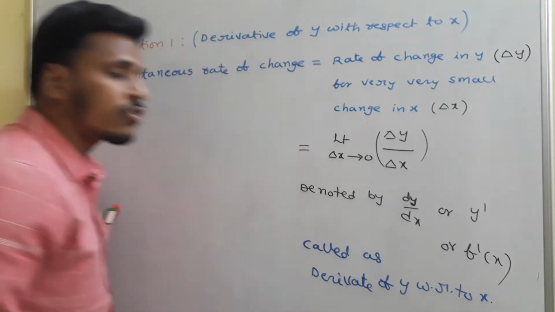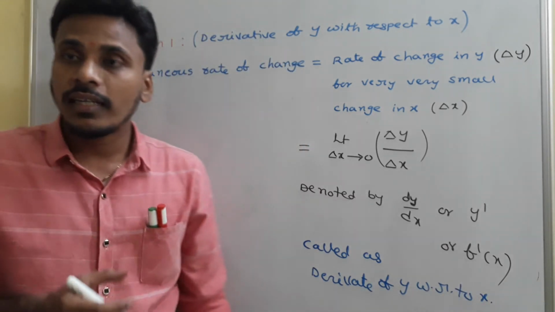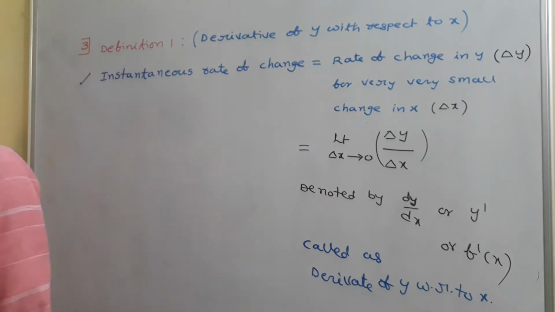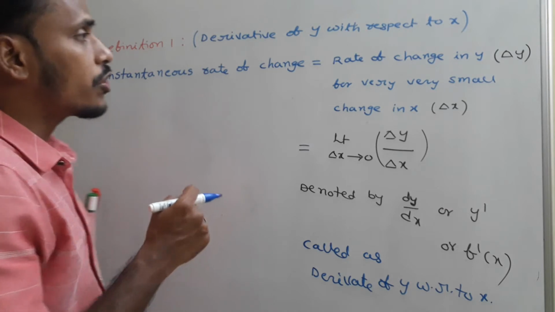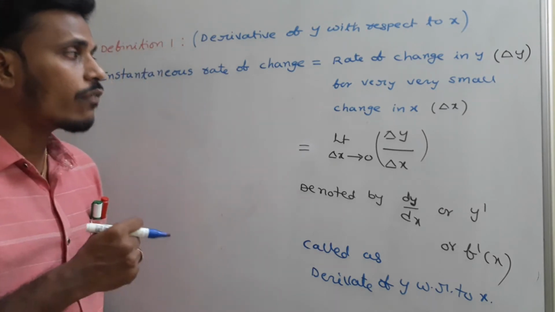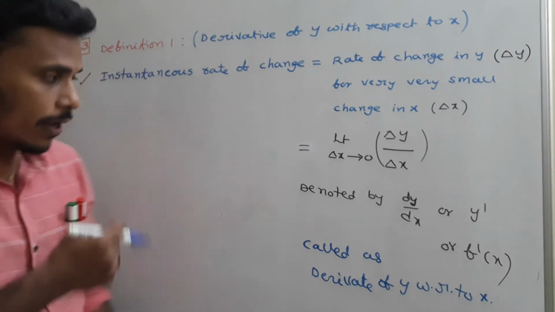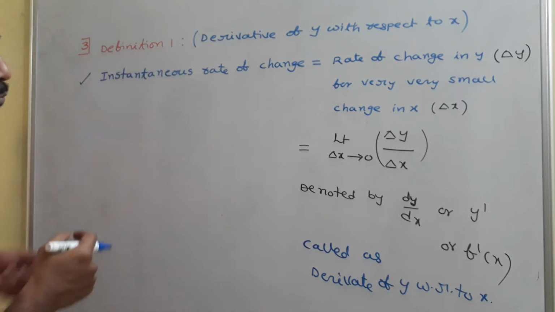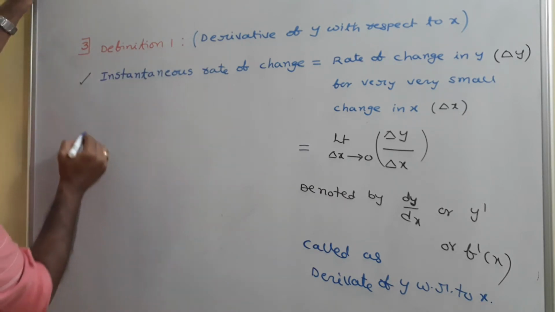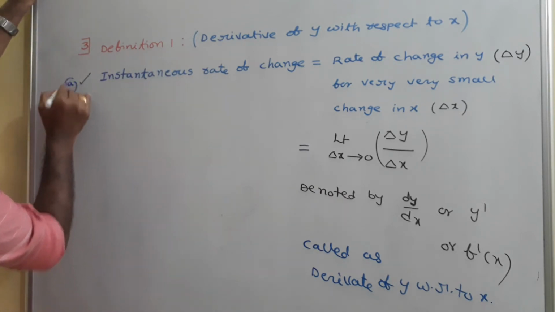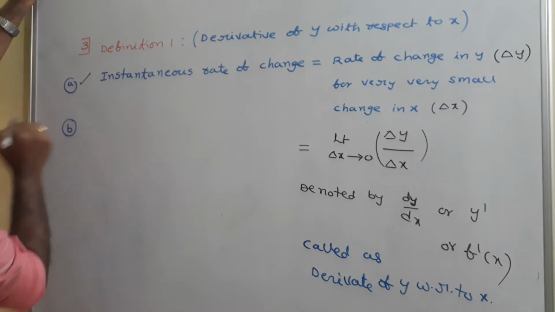According to this definition 1, dy by dx, the derivative of y with respect to x, is simply the rate of change in y for very small change in x. Suppose you consider it as bit a, then coming to bit b.